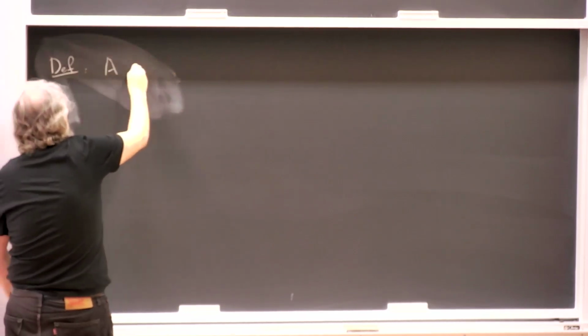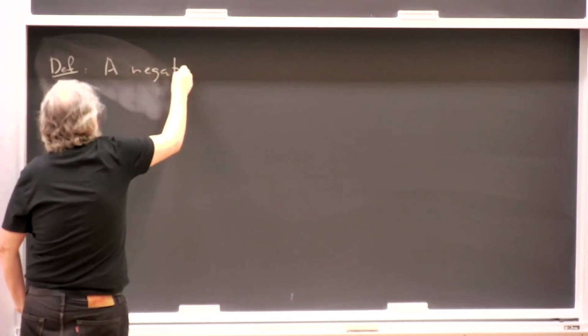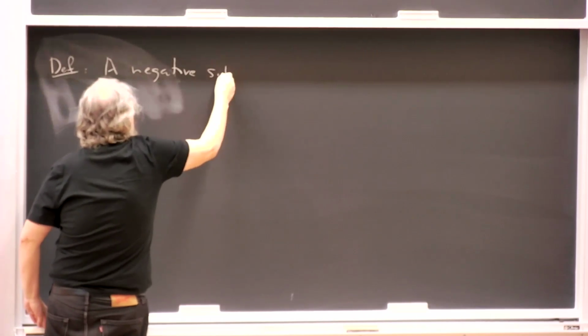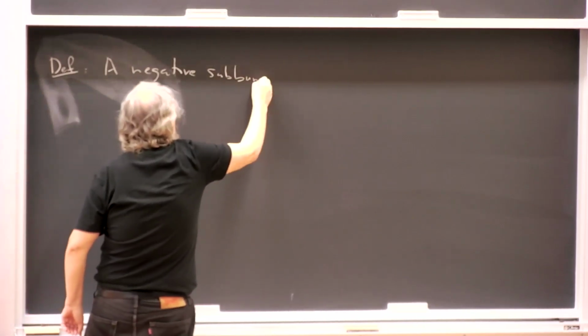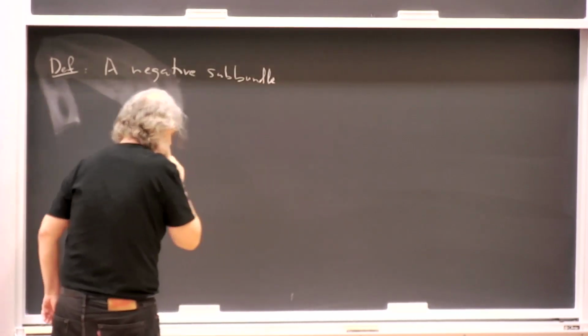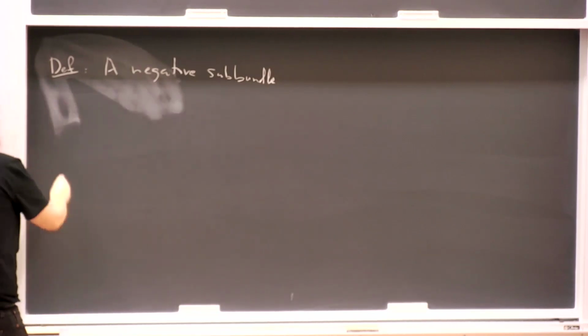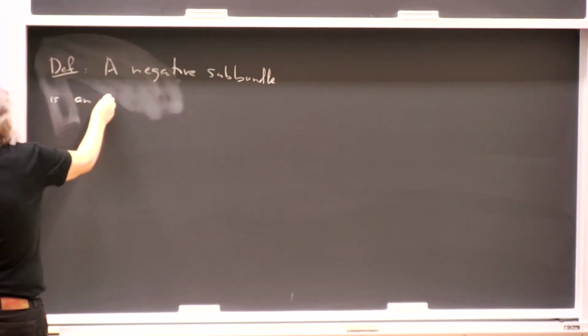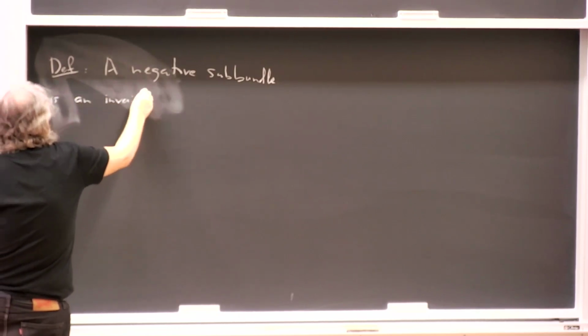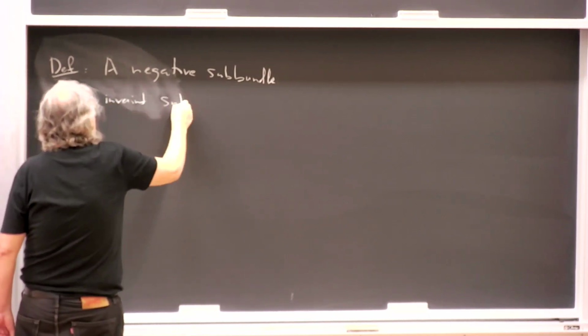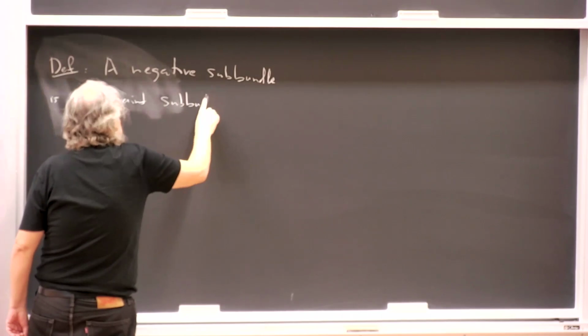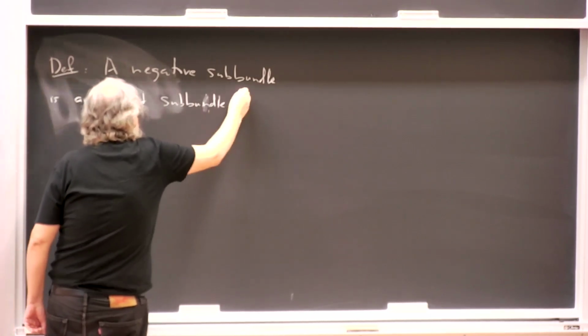A negative subbundle is an invariant subbundle of the tangent space.